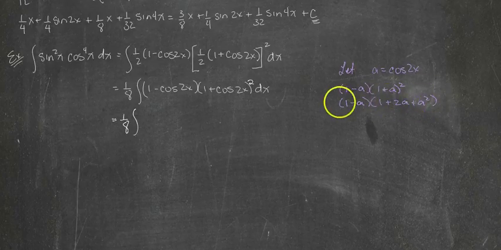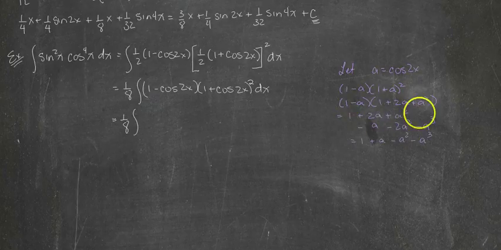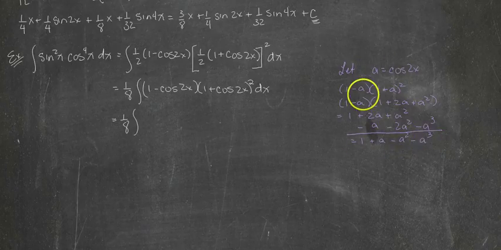If I distribute this 1 into each term, and then negative a into each term of the second factor, I end up with, bam, I did that off page so you didn't have to watch me go through it. All I did was do those distributions, and then add like terms. So this is what I get when I distribute these binomials.